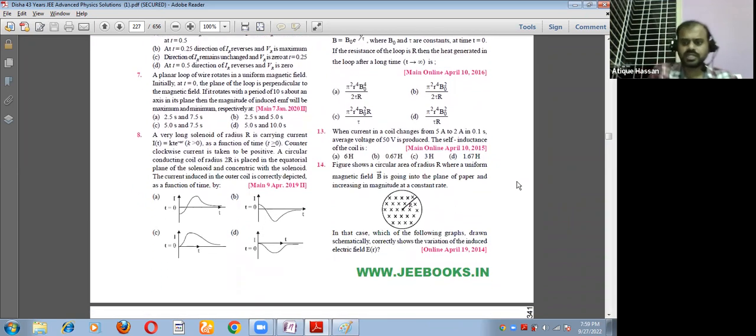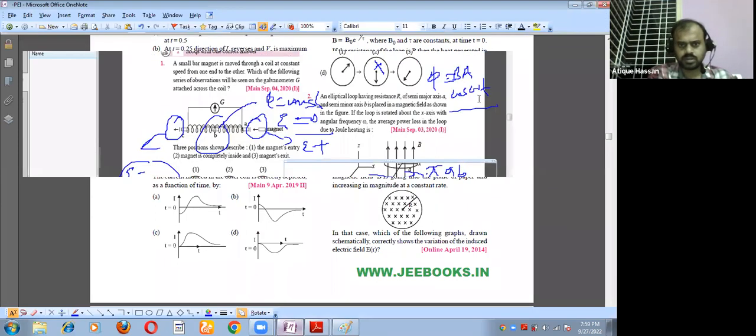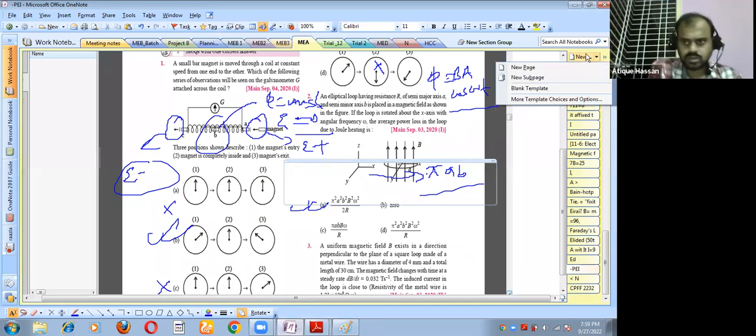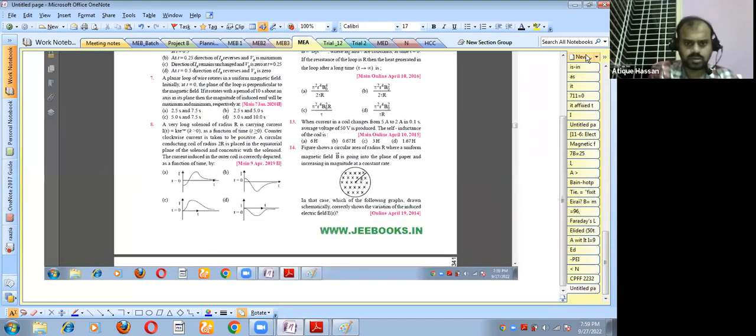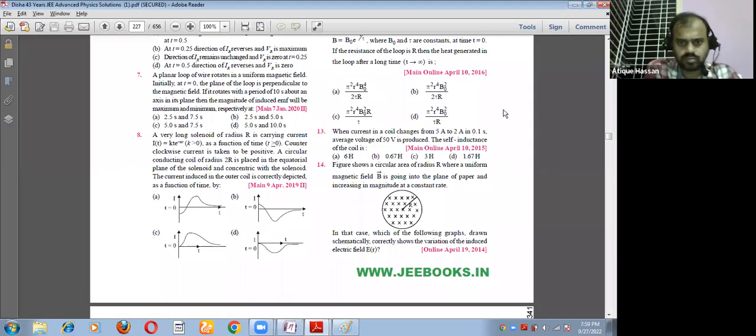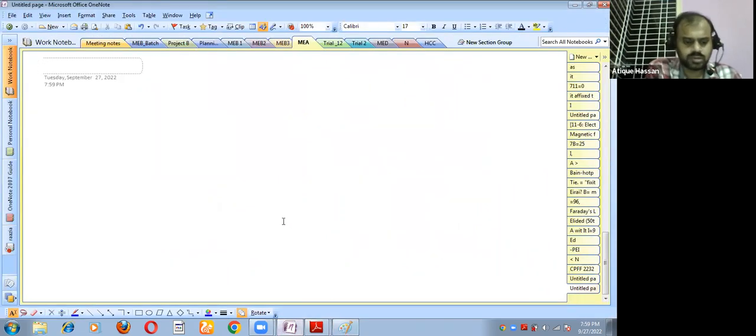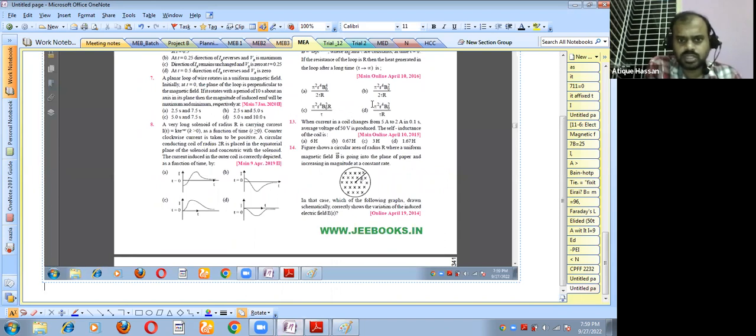Can you solve question number 13 quickly? Solve question number 13.